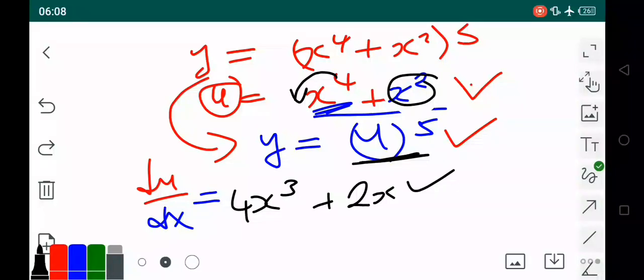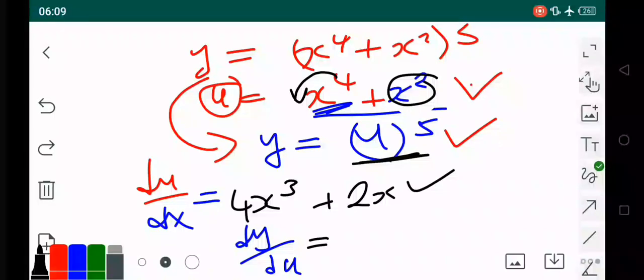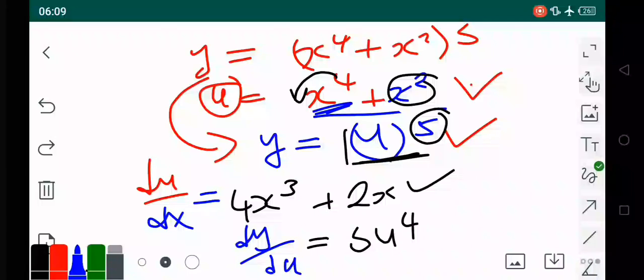This is going to be dy over du. This is just 5, so the power 5 multiplied by the coefficient is going to be 5u to the power 4. So now these are the derivatives that we have.